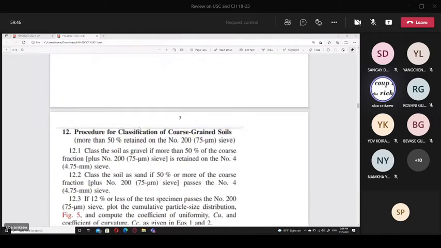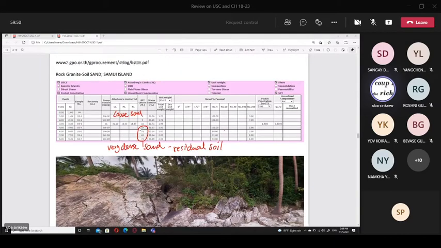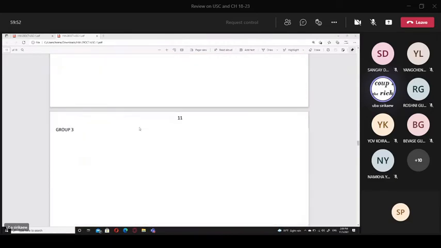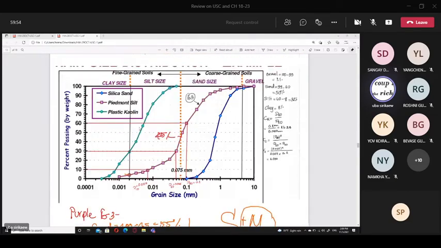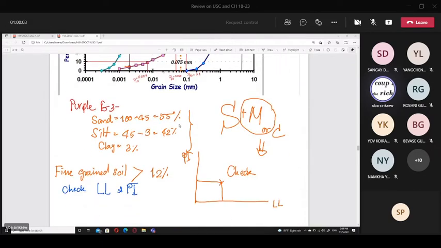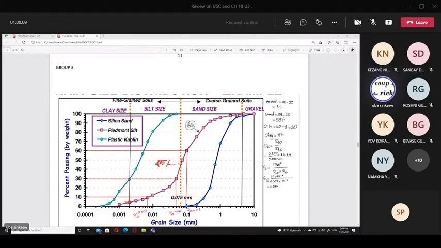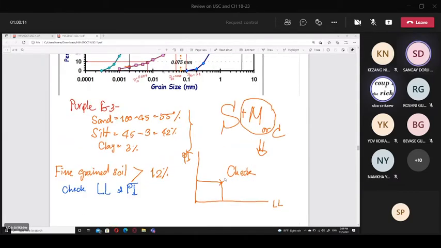And group number 2. What group? Whose work is this? Group 3, are you there? Group 3 didn't tell me. You just gave me the CU and CC, but you didn't classify the soil type for me.